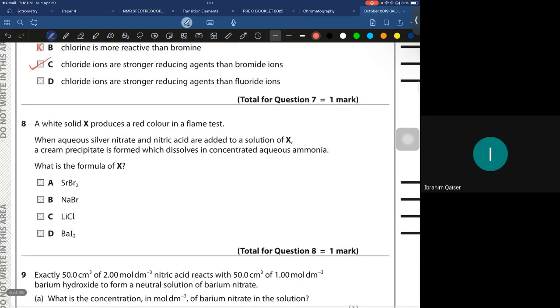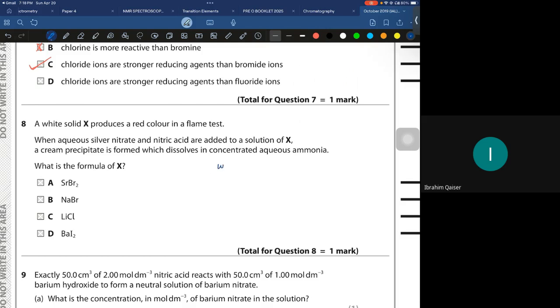See question number 8. A white solid X produces a red color in a flame test. When aqueous silver nitrate and nitric acid are added to a solution of X, a cream precipitate forms. So we have three colors of precipitate.